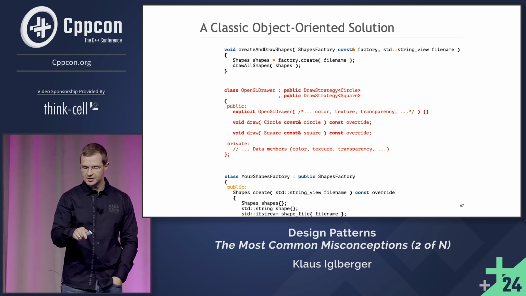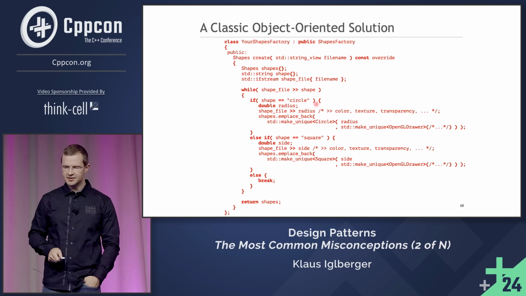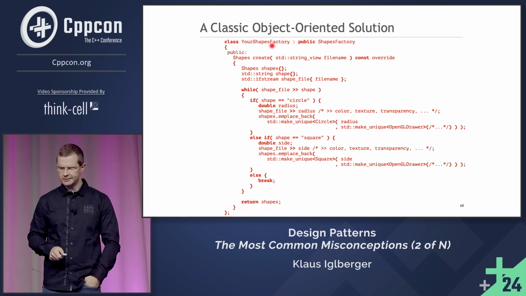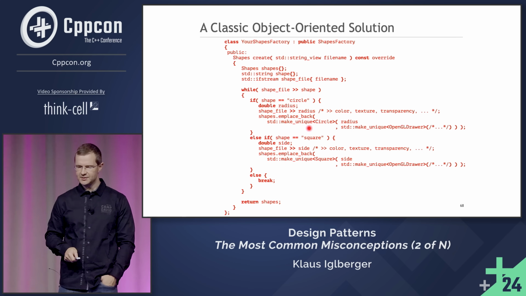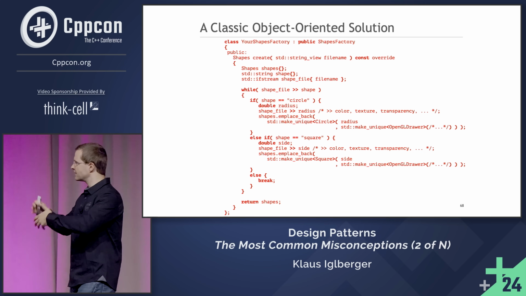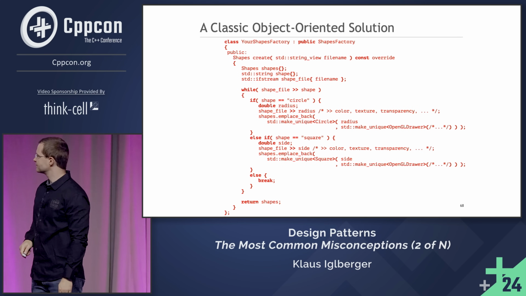And now, of course, we also need a real factory implementation. Say this is your shape factory. Okay. Strange name, but it is yours. So you would implement this create function, and now you don't have to read the code. We just extract circles, but also squares from the file, create them, set them up, put them in a vector, and return the vector. Nice.